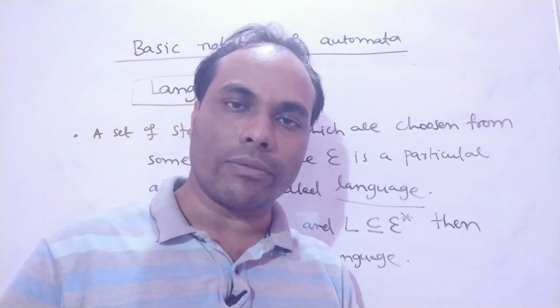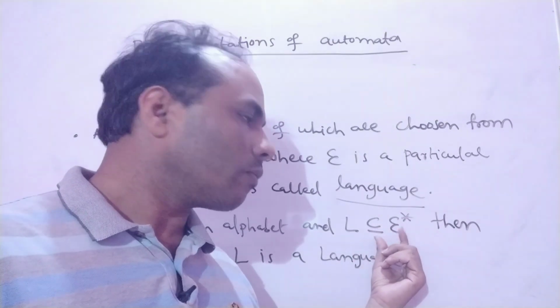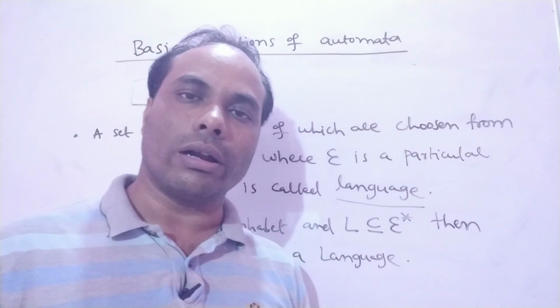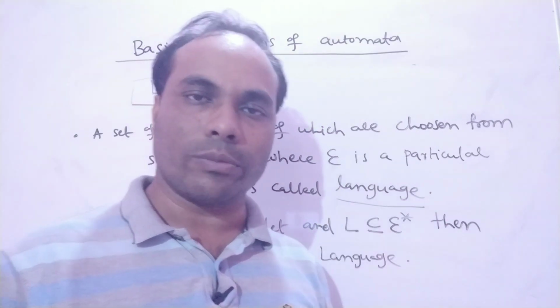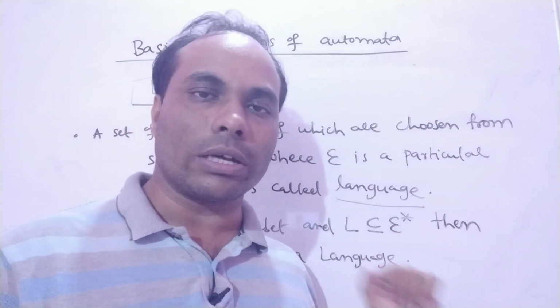If you are defining a language, it is definitely a subset of the sigma star. L is a subset of or equal to sigma star means whatever language you define in the theory of automata, all languages are subsets of the sigma star. Sigma star is an infinite language, it consists of all the possible strings.